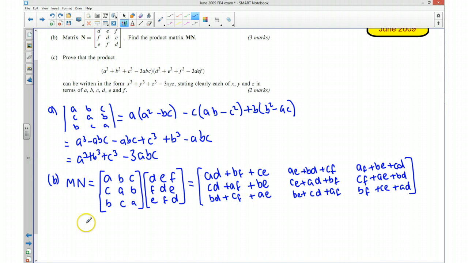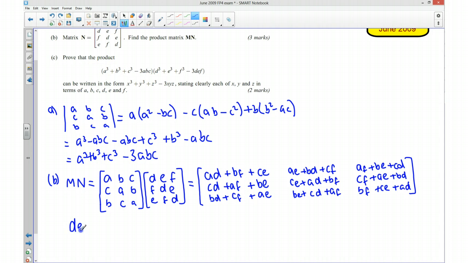Well, I know that the determinant of M, which is what I worked out in the first part, is this here. This is the determinant of M, and I'm going to use the fact that that is the same as that there.